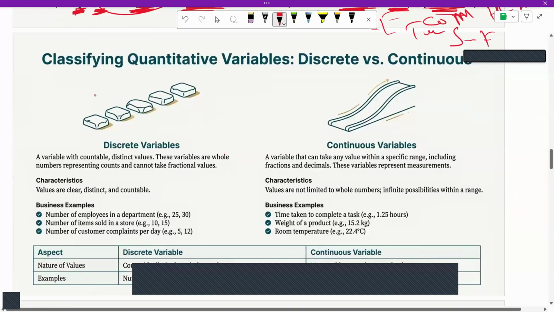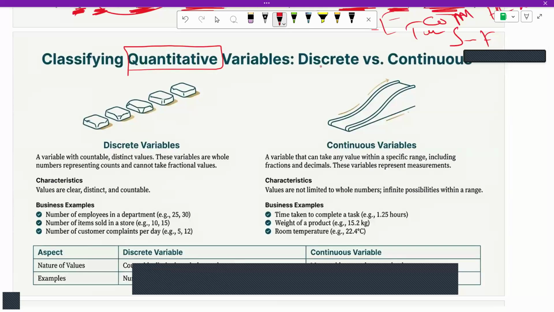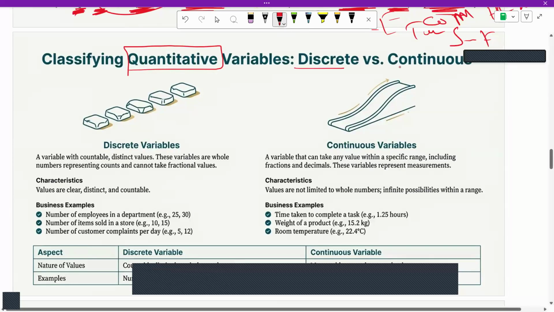Again, we can further divide quantitative variables into two major types: discrete variable and continuous variable. Discrete means full numbers. It has a full count.